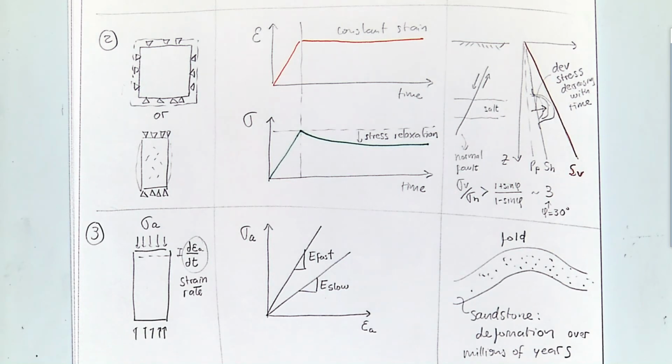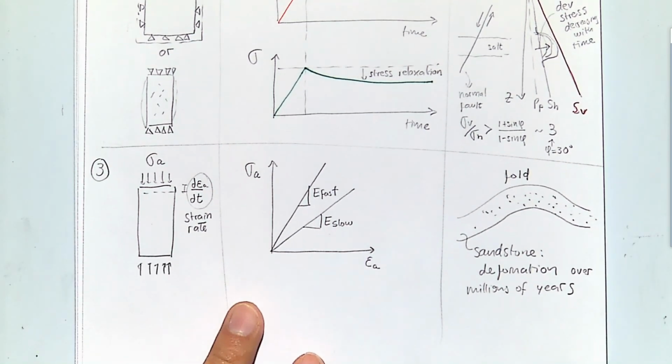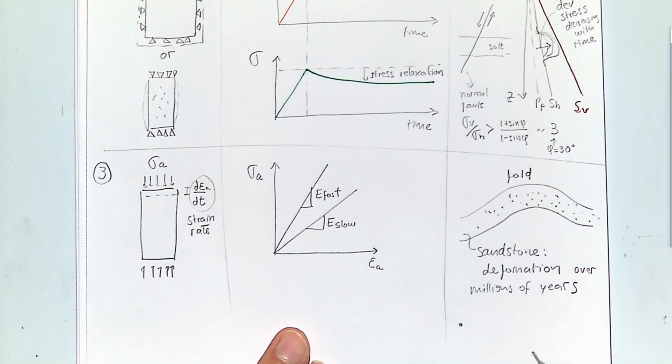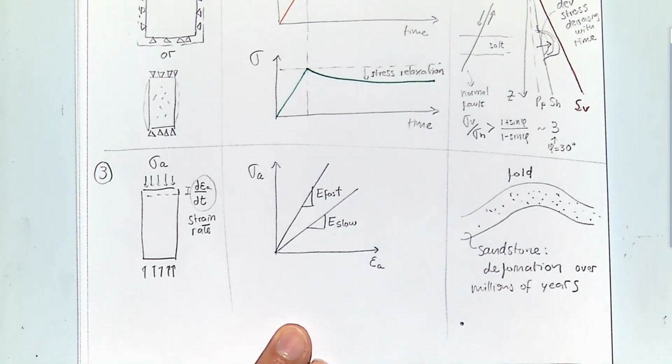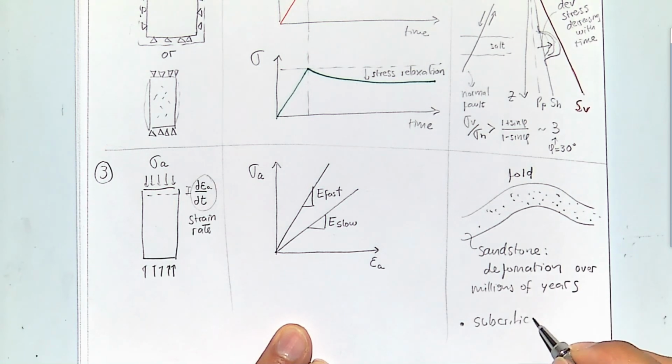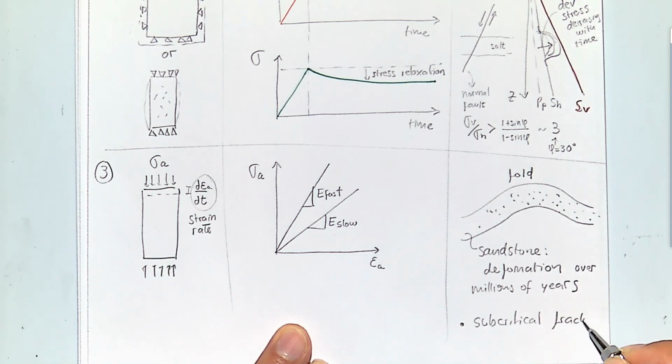And I hope we'll get to see this later on, but this behavior is also linked, for those of you working on natural fractures, to something called subcritical fracture propagation.